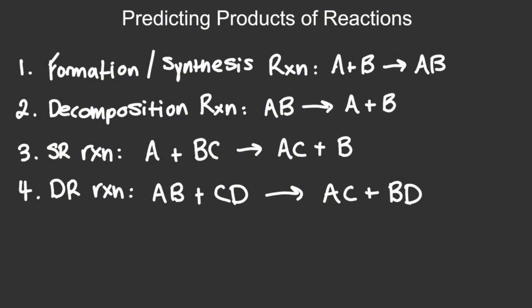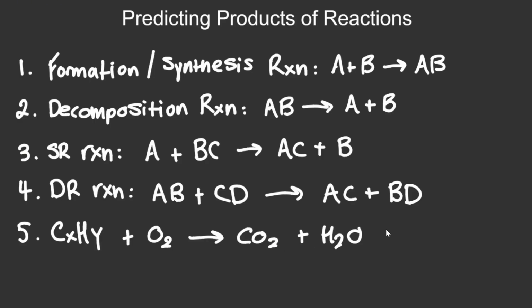Okay, so that's the 4 that we really need to know. There is also a 5th one, which is just a combustion reaction, where the X and Y can be any kind of number. CO2 plus H2O. This is a combustion.